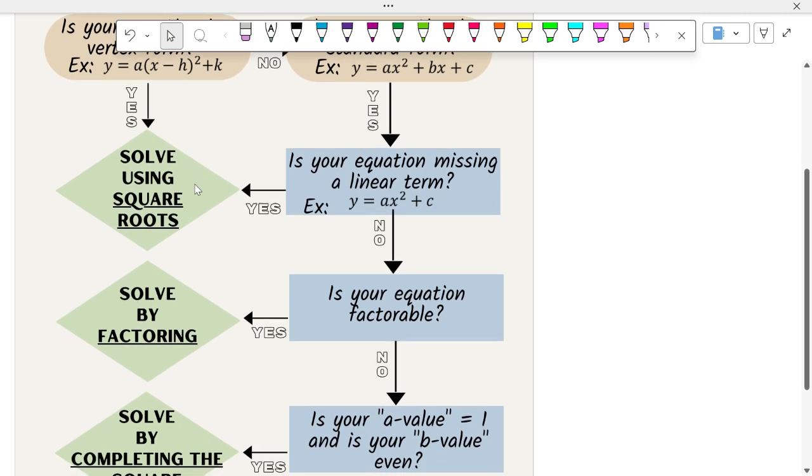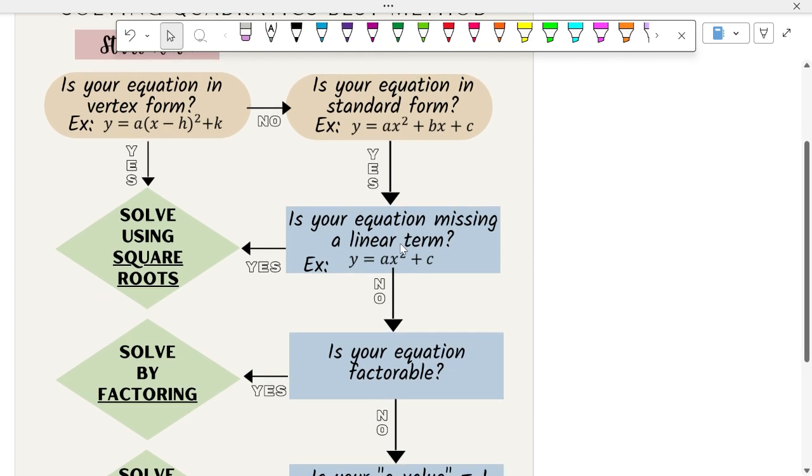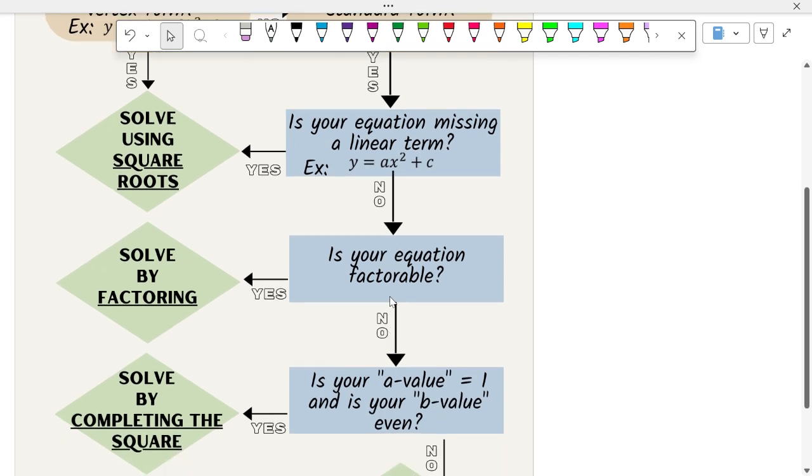All right. If it's not, and it's in standard form, you first look to see if your equation is missing a linear term, meaning it's missing that bx value. If that's yes, you solve by taking a square root. No, you look to see if it's factorable.